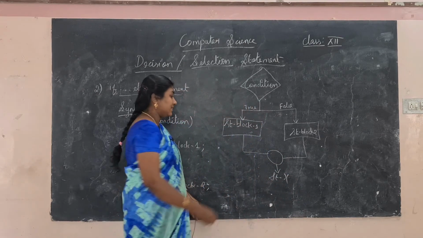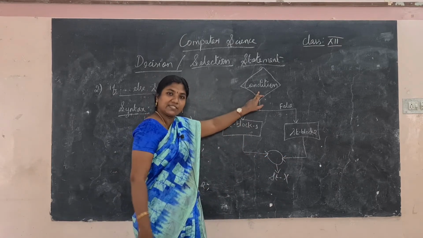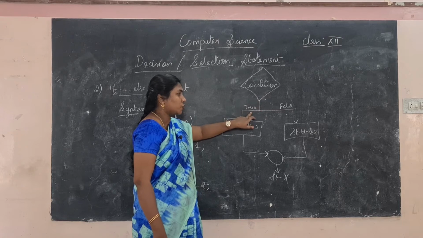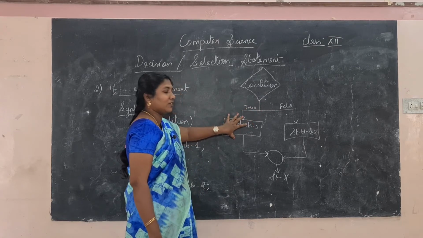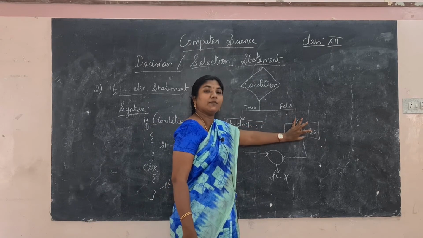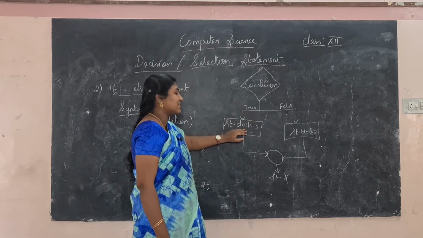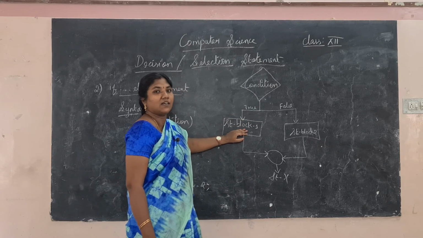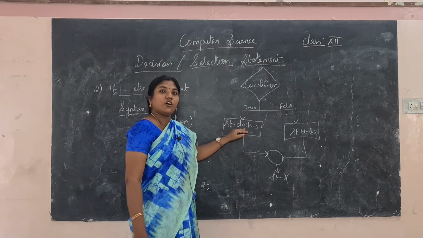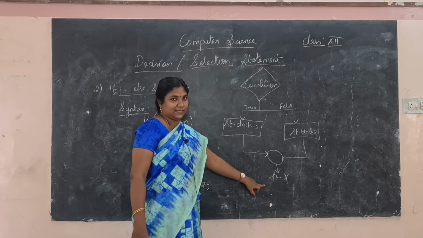Next comes the statement X. First it will check the condition. If the condition is true, then it will move to the true block, that is statement block 1, and if the condition is false, it will move to statement block 2. After the condition is true and it gets into statement block 1, and finishes the execution of statements inside statement block 1, then it will come to the statement X.